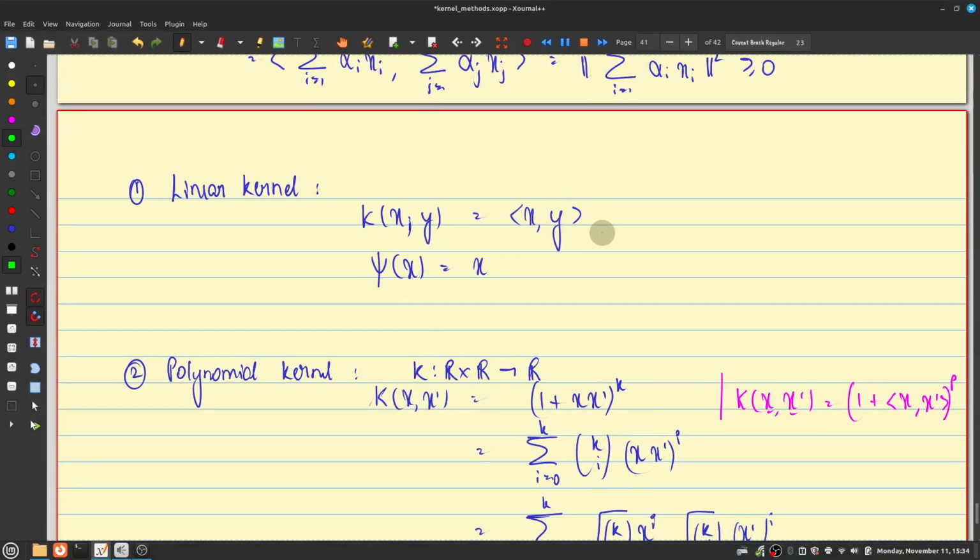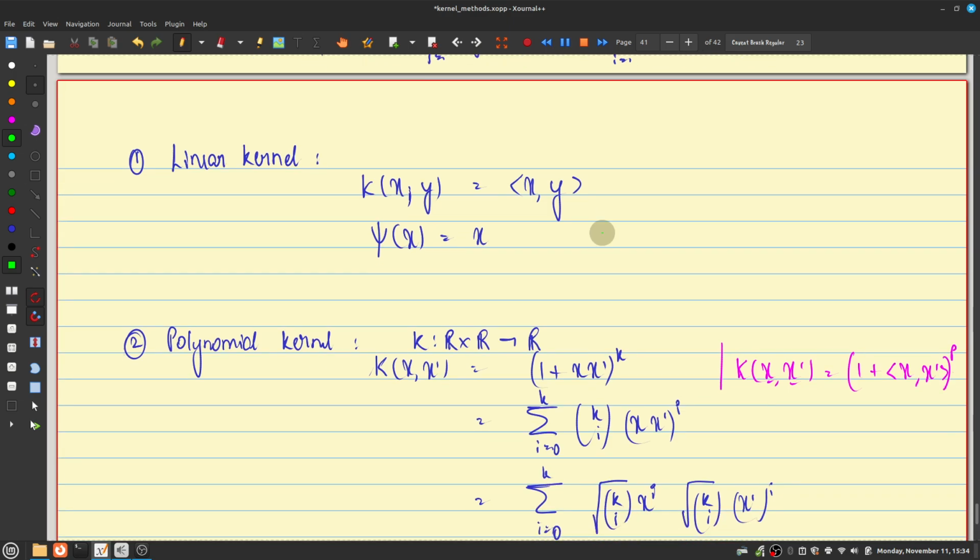The inner product, of course, that happens. If you have two vectors, both of, let's say, the same length, when is the inner product maximized? When they're exactly the same, correct? And when is it minimum? When they're in opposite direction, because it can go negative.